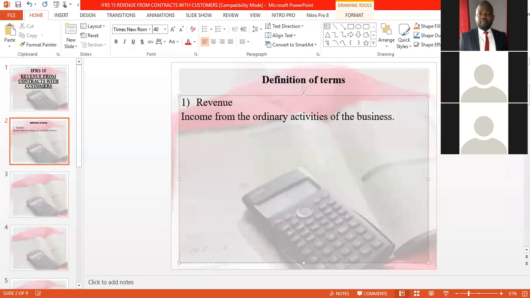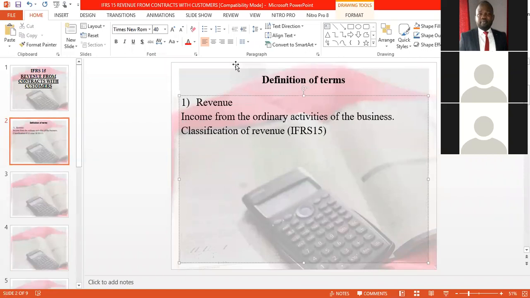Now, before we move even further, classification of revenue. According to IFRS 15, not 5, I mean 15. IFRS 5 is non-current assets held for sale and discontinued operations.